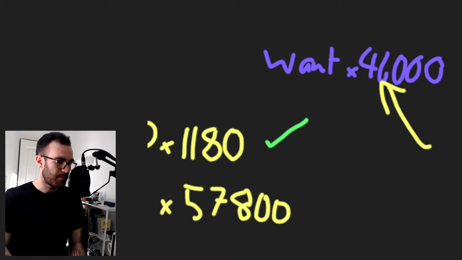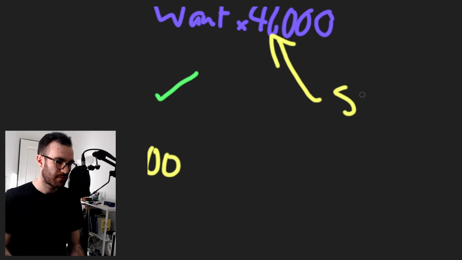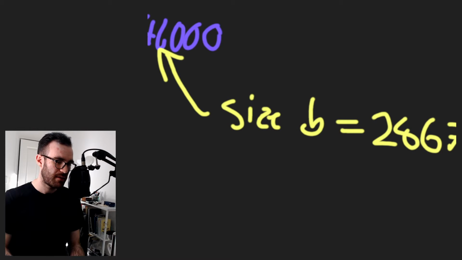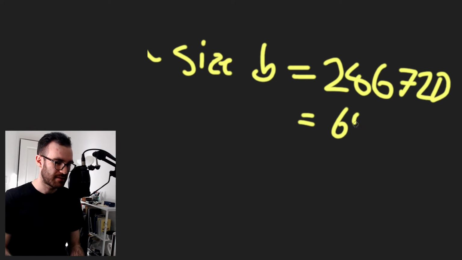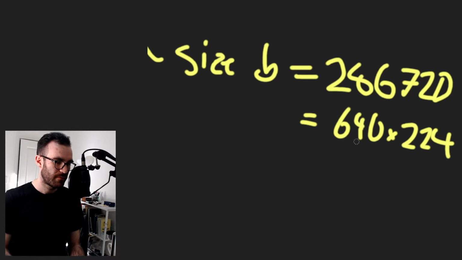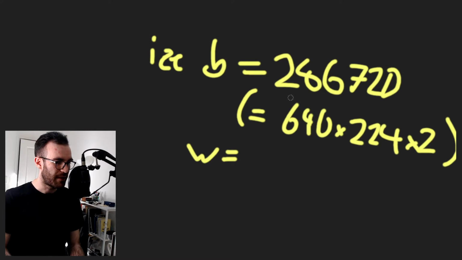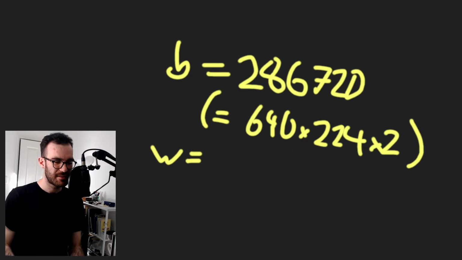In words, the size in bytes is 286720, which is 640 by 224 by 2. So the size in words is this divided by 4, 286720 divided by 4. That's actually this divided by 2, I guess.